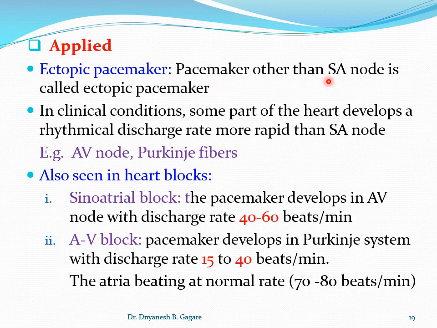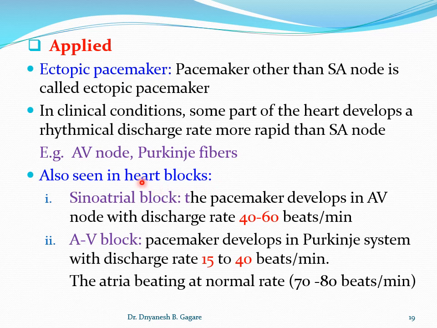The sinus node is the normal pacemaker, and shifting of this pacemaker from the SA node to another part, that is the AV node or Purkinje fiber, is called the ectopic foci. Ectopic foci means shifting of the normal pacemaker. If the pacemaker is other than the SA node, it is called the ectopic pacemaker.